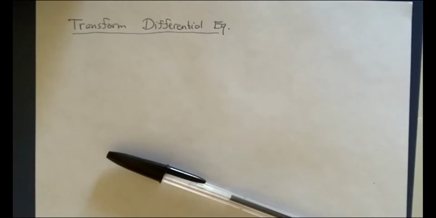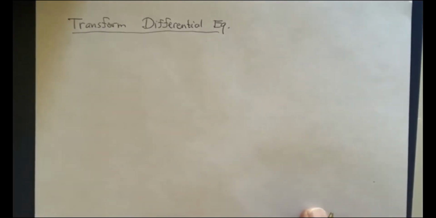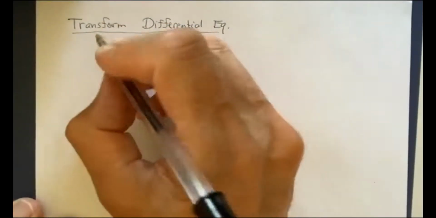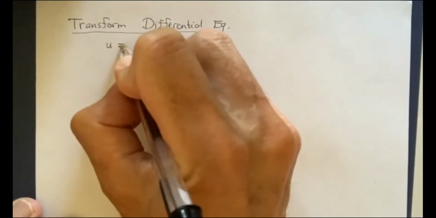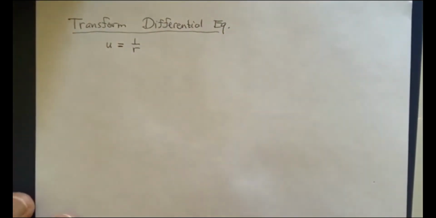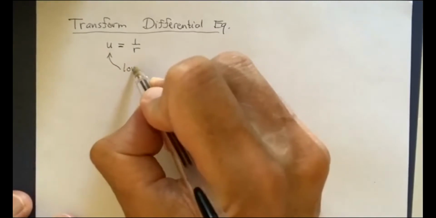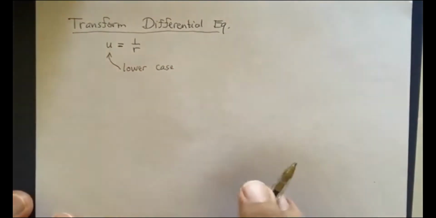Now we're going to do a transformation, and rather than solve for r as a function of phi, we're going to define this lowercase u simply as the reciprocal of r. So there are a couple of things to be said. First of all, let's emphasize this is a lowercase u.